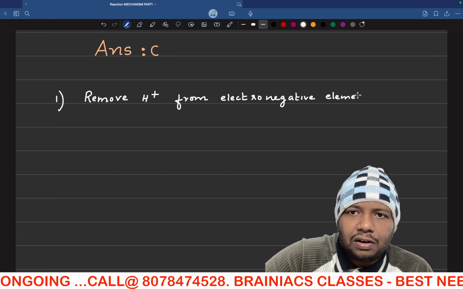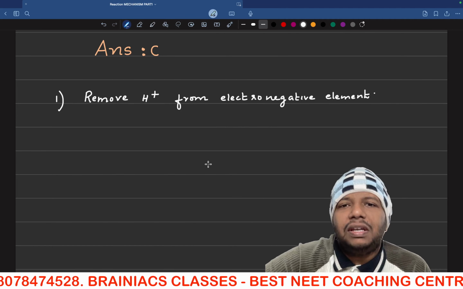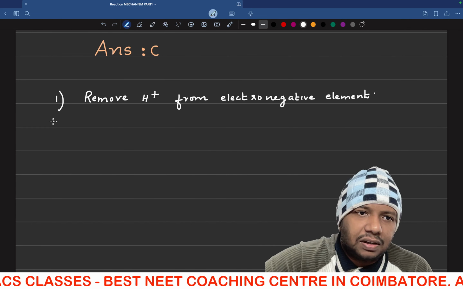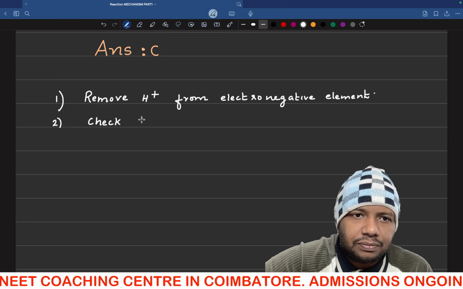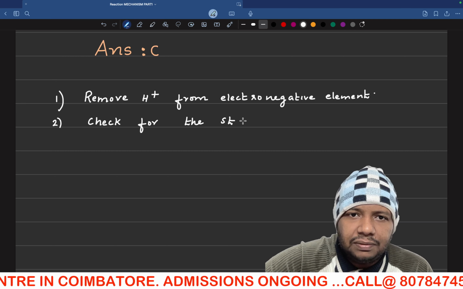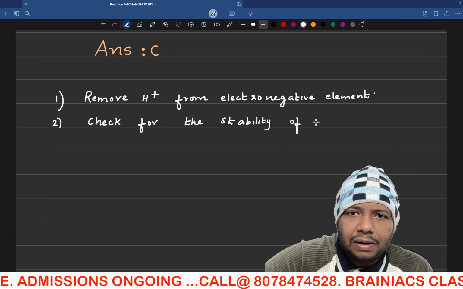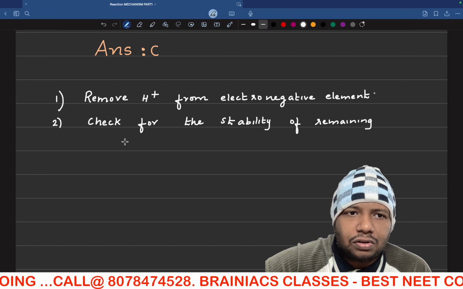If more than one electronegative element is there, you can remove the H plus from the most electronegative element. That will leave that H plus very fast. Then what is the next step, sir? Check the stability of the remaining structure.